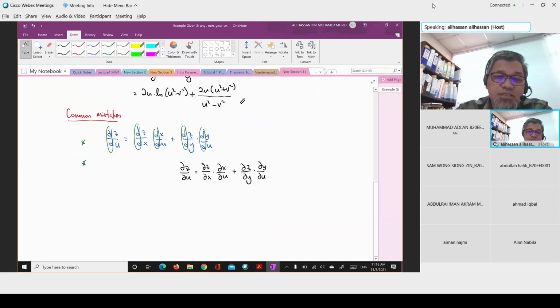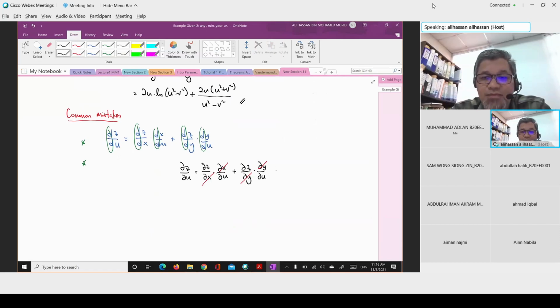Sometimes there's a temptation to cancel out. What happens if you cancel out? Then on the right hand side you will get z partial u plus z partial u. So this is saying that the left hand side z partial u is equal to 2 z partial u.